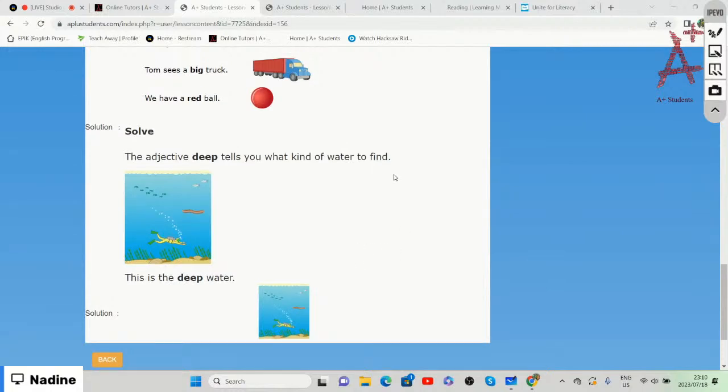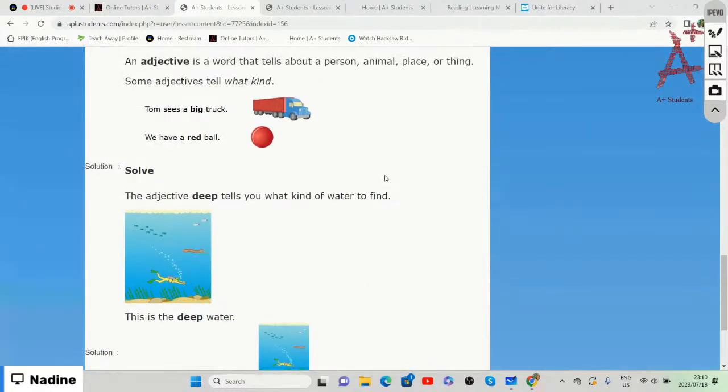So if we look at these pictures, they tell us what kind of person, what kind of animal, what kind of place, or what kind of thing. And just to recap again, an adjective is a word that tells us about a noun. It describes a noun, and a noun names a person, an animal, a place, or a thing.